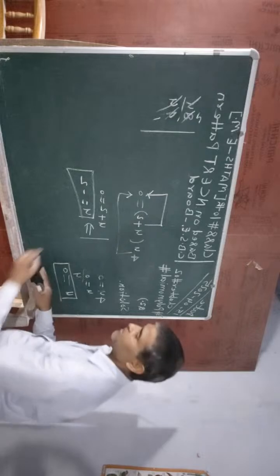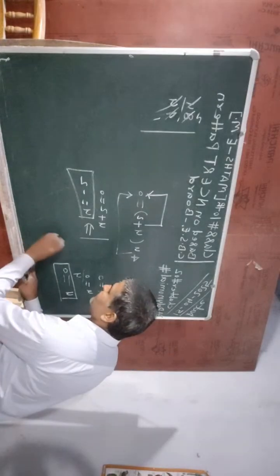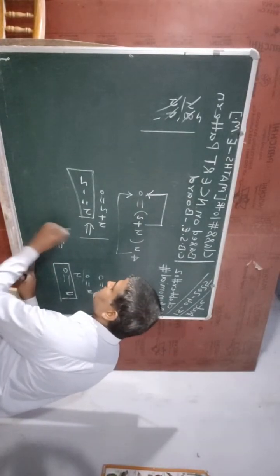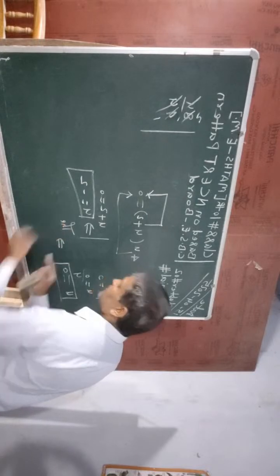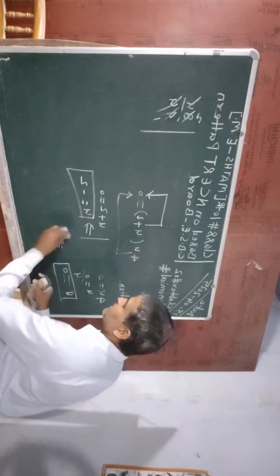Here the zeros of the given polynomial are, I will write like this.